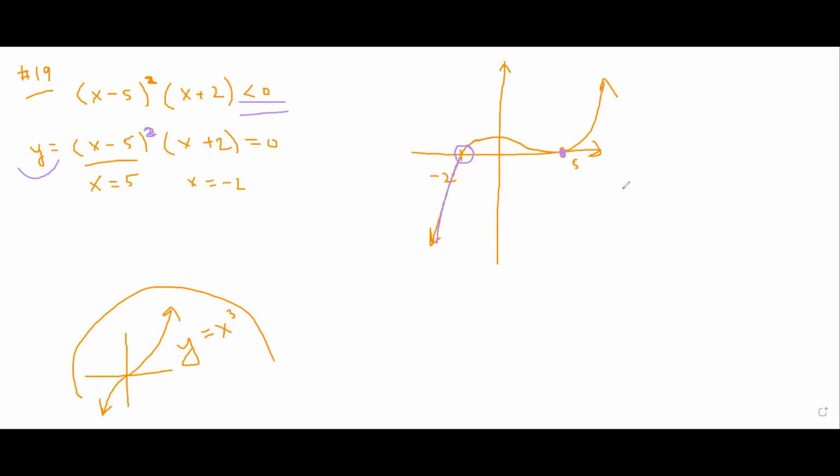Again, whenever it's less than 0, we have to consider the part of the graph below the x-axis. And then I can describe this as an interval from minus infinity all the way to -2, without including it, because I have to always pay attention to only x coordinates, because my original inequality had only x's.